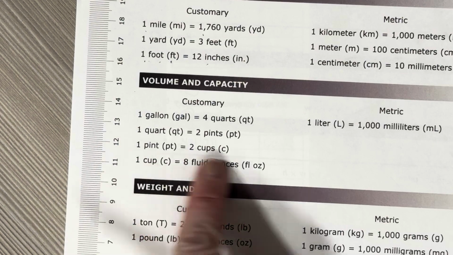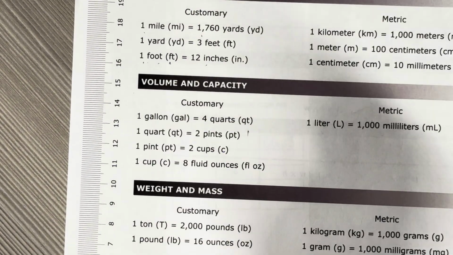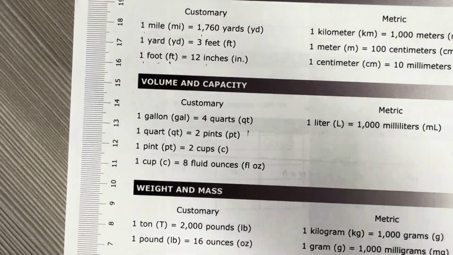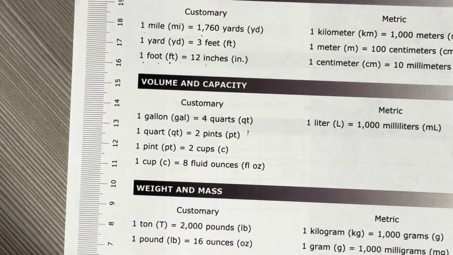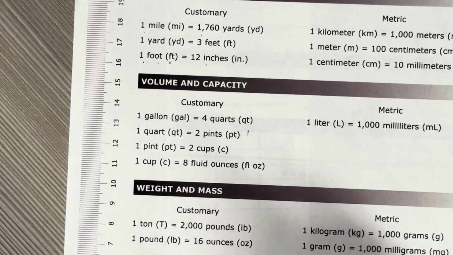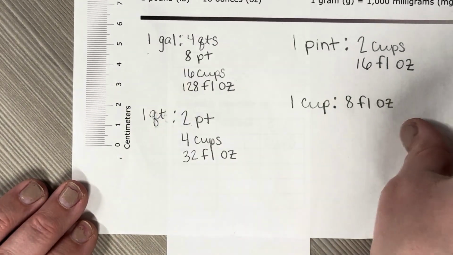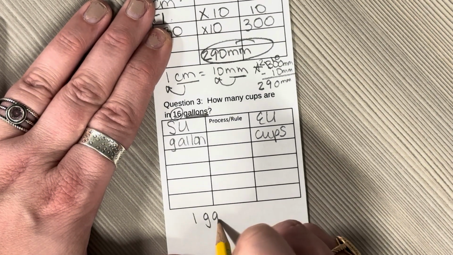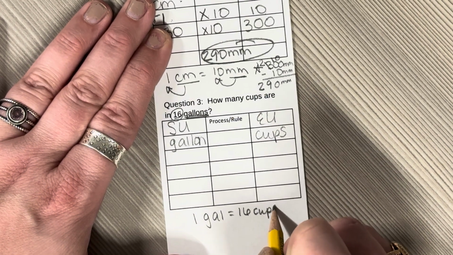I don't have gallons to cups here. That's when I would draw my big G, and I would have 4 quarts inside of that, 2 P's inside of each quart, and then 2 C's inside of each P for cups. Then I would get this figured out right here. And then I have 1 gallon equals 16 cups.